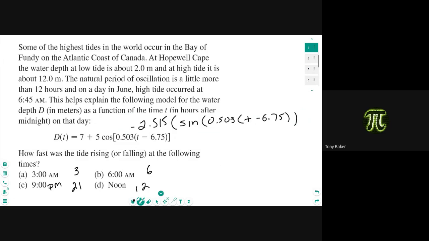So it's not falling until the velocity, or in this case the derivative, is negative. So at noon, it's falling at around negative 1.21 meters per hour. And I didn't do 9 p.m. because I changed the problem. What's 9 p.m.? My guess is it's rising around 9 p.m., but I have to do the calculation.